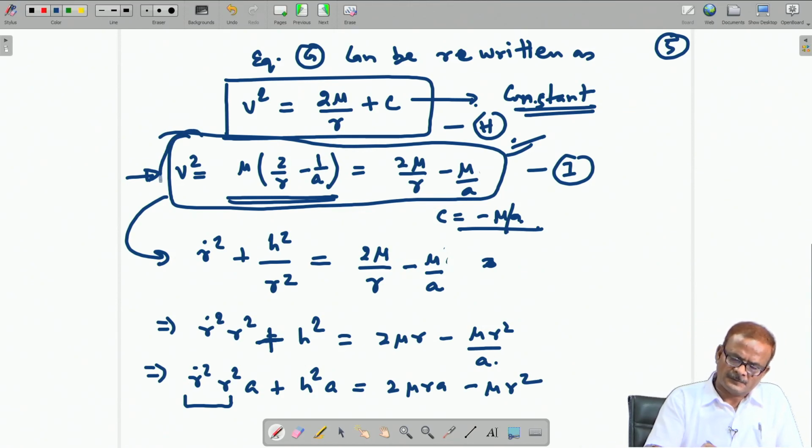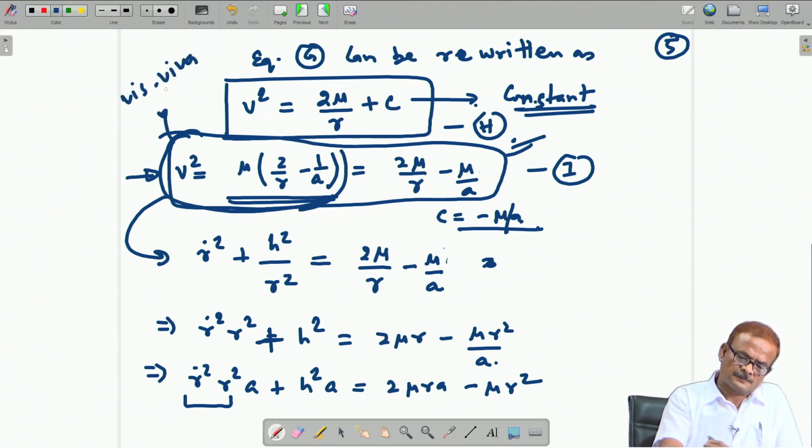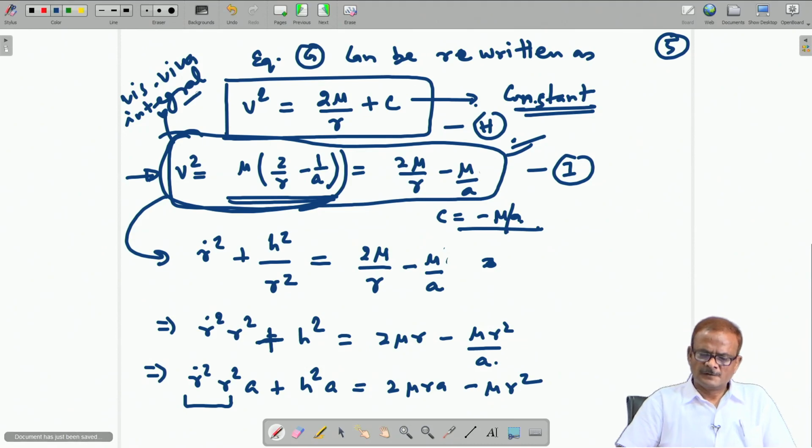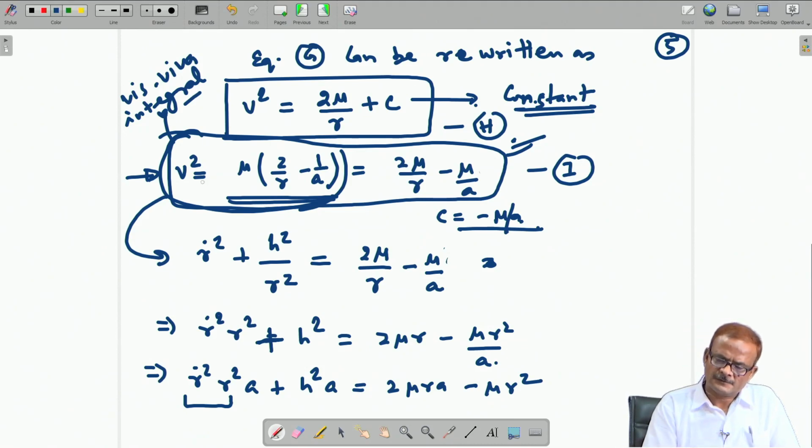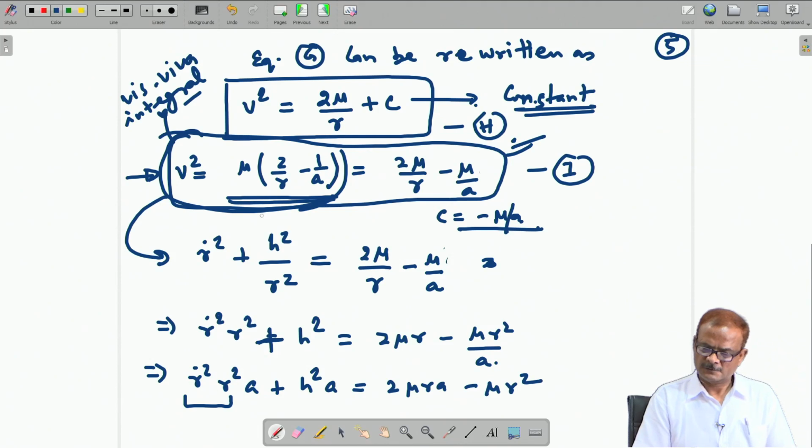This particular part is also called the Weber integral, and it will be quite often utilized in solving your problems. So, we will stop here.